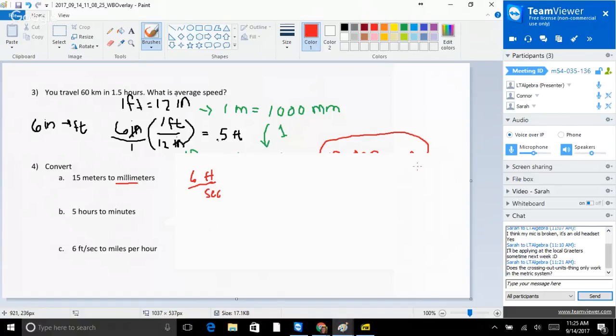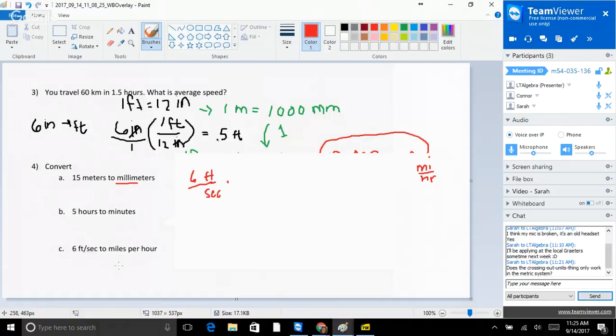And our end goal is to get to miles per hour. So we need to convert feet to miles and seconds to hours. So this is where, when you start to get a little more complicated problem, it can actually help you out, because these two you could probably convert straight off, right?